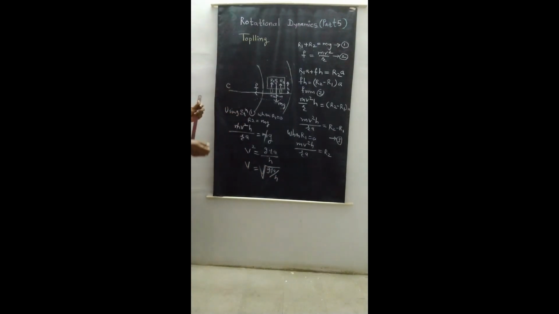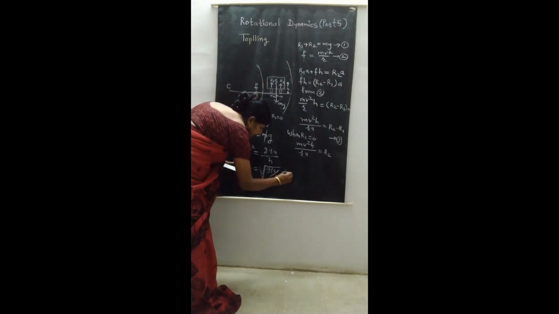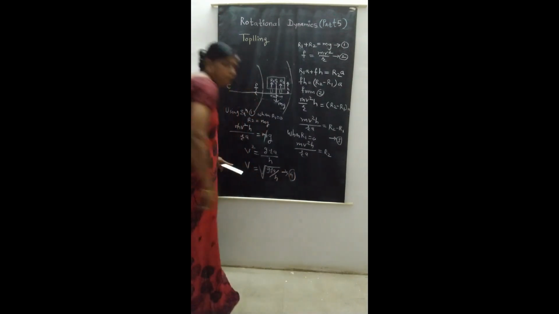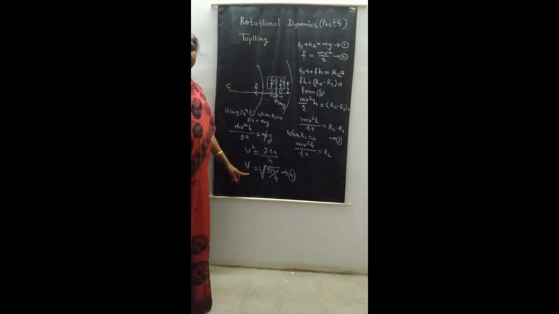When the speed of the vehicle is less than the speed given by this equation 4, there is no danger of toppling of the vehicle.